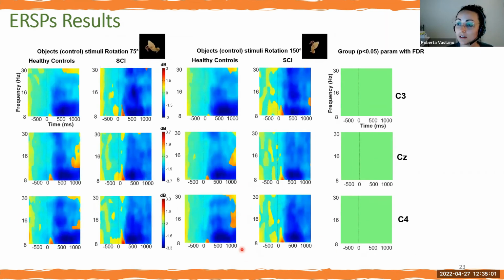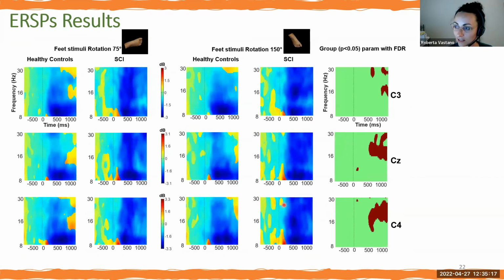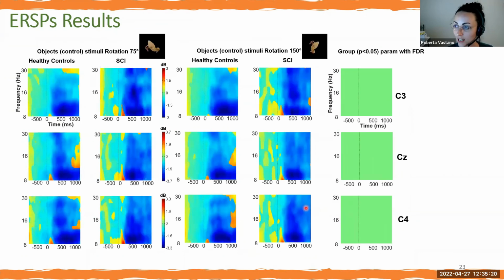Instead, when we compared the stimulus that was not body related, this desynchronization is still a little bit higher, but the comparisons were not significant. And as you can see, it was a little bit less compared to the other desynchronizations. For example, look at the feet desynchronization and the non-body-related stimulus desynchronization.